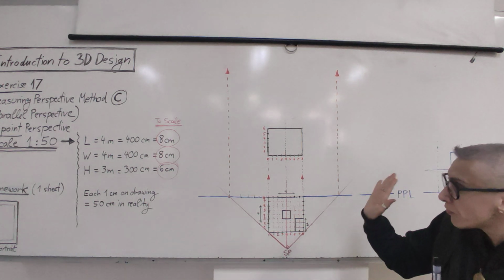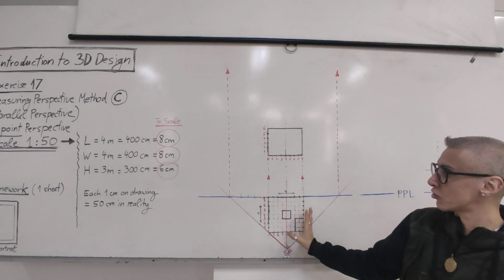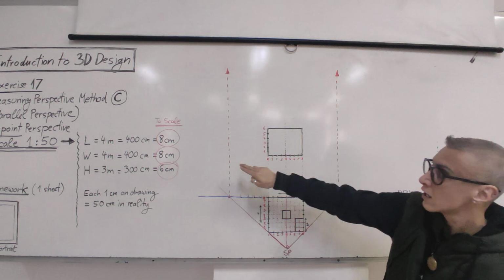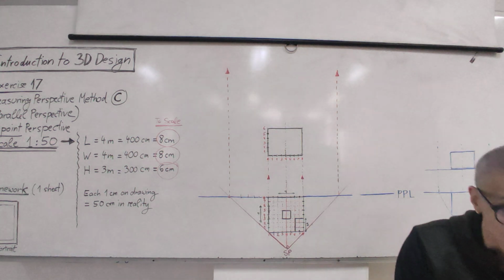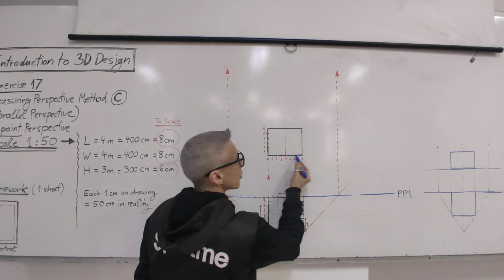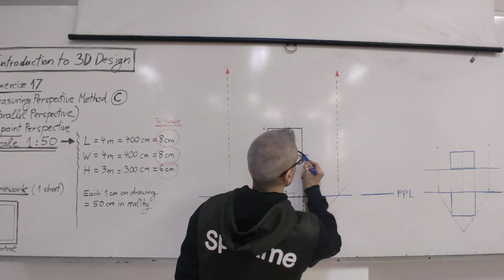Now the first thing, after we draw this object taken from these lines and the correct height, we have to draw the ground line. The ground line is the line that goes through the ground here.